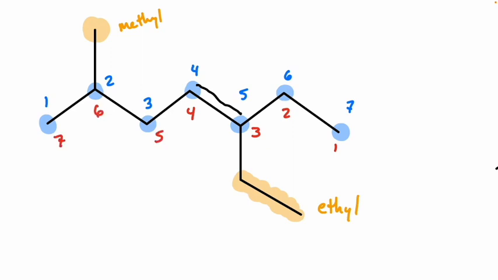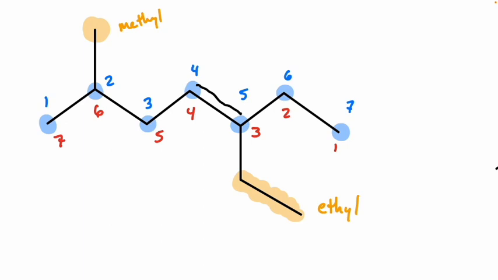This is where we're also going to have to update our rules. Normally, we would list all these numbers, and we would pick the numbering scheme that has the lowest number in it. Now we have a functional group in this molecule, and functional groups get what we call priority, meaning that the only thing I'm going to pay attention to when I pick a numbering scheme is the location of that double bond.